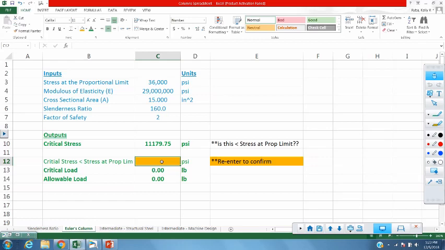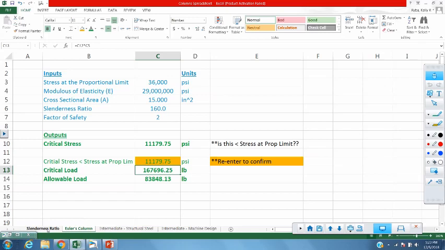So once I know that, then I can manually put in 11,179.75 down below. Now it finishes up and it calculates the critical load for me and then the allowable load. Now, this critical load is based on taking that critical stress and multiplying it by the cross-sectional area to get that critical load.